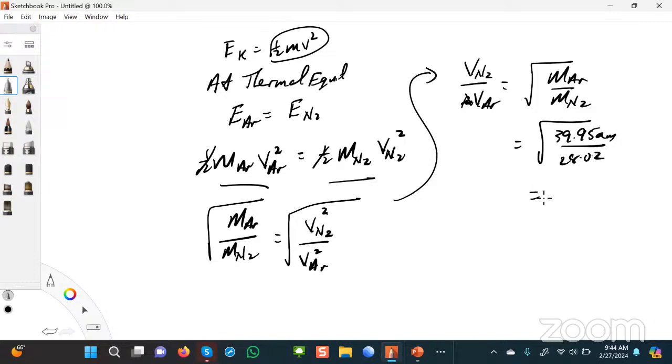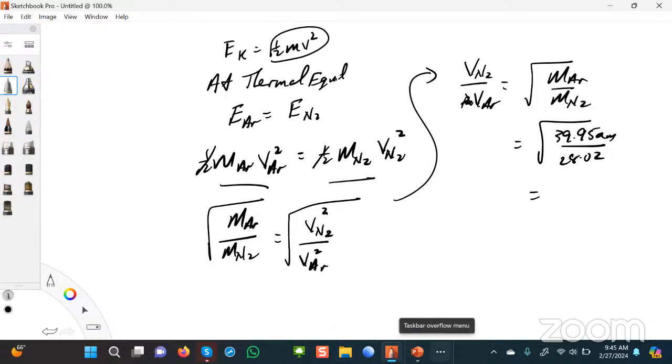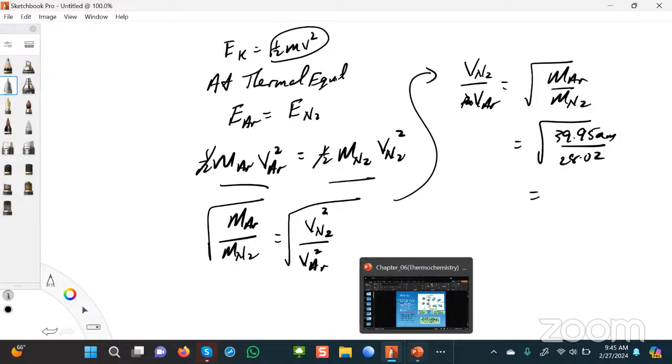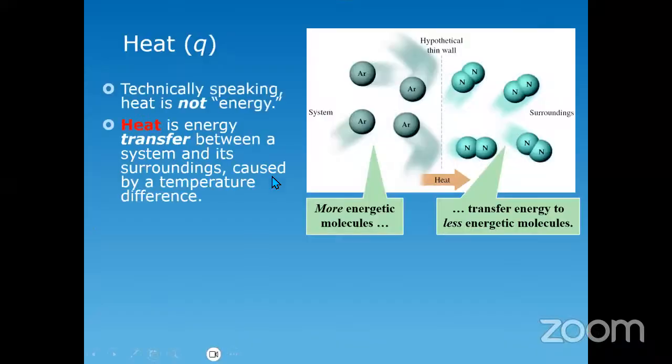Whatever that gives would be the ratio of the velocity of the nitrogen molecules compared to the argon atoms at the same temperature during thermal equilibrium. So that's basically how we would answer that question. Okay, any questions about this? All right, so let me go back to the PowerPoint and continue our introductory stuff.